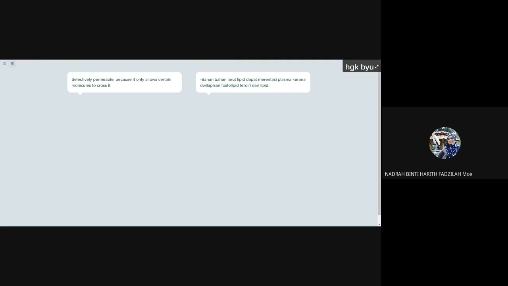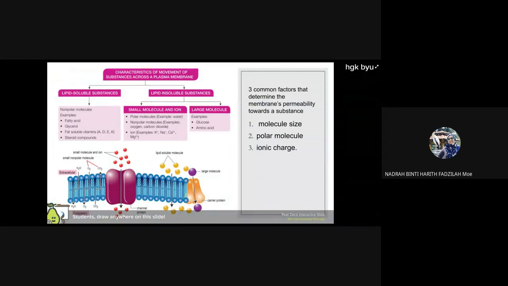Okay, now let's take a look at this diagram. For this particular slide, saya tak ada apa-apa soalan, tapi I give you the ability to draw on the slide so that you can take notes. Kalau kamu nak draw apa-apa dekat situ, silakan. It is for your own notes.